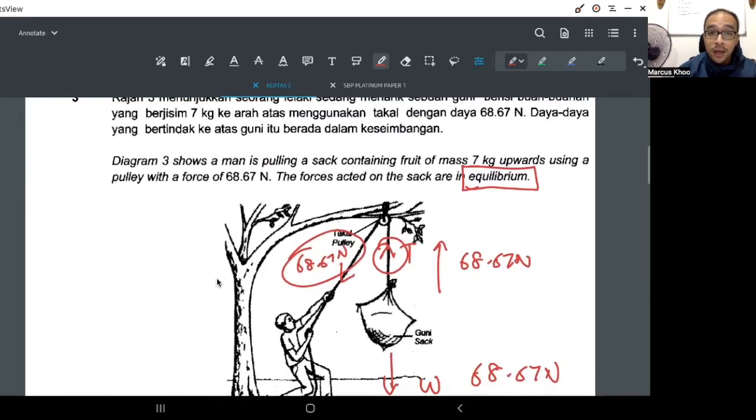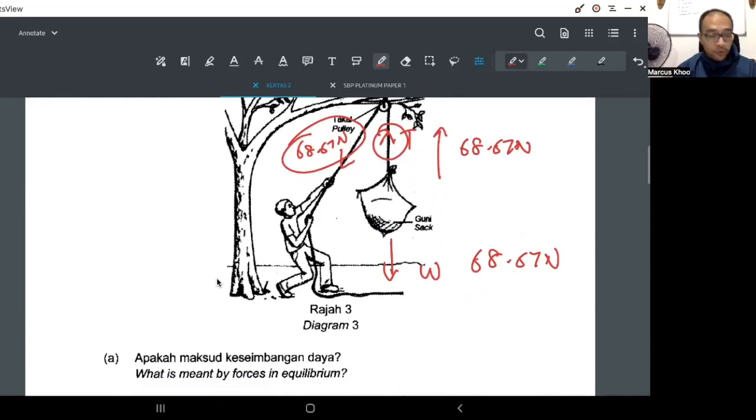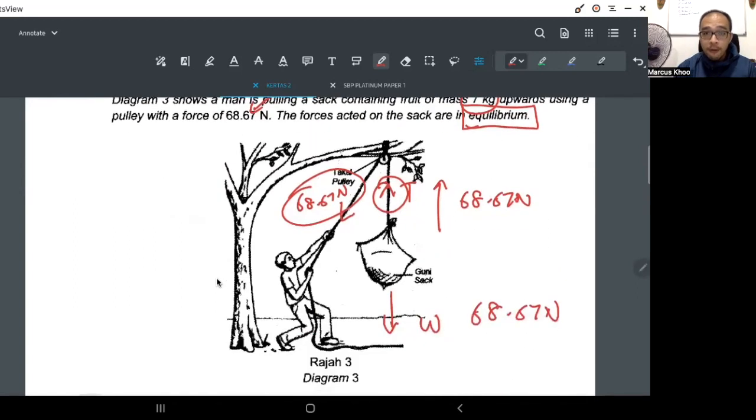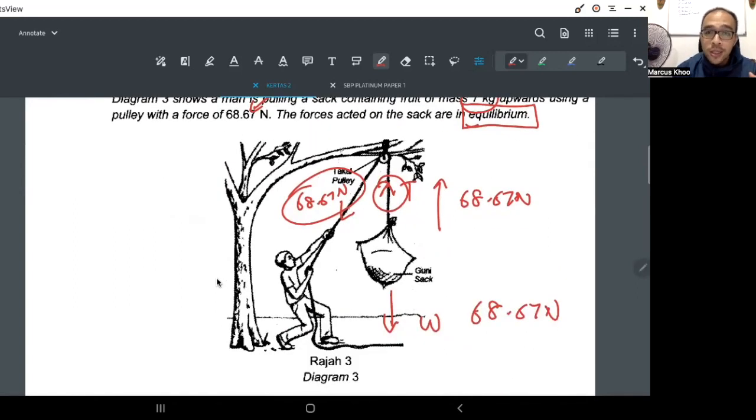And if you don't believe, you can do 7 times 9.81. Because the sack is 7 kg, right? So the weight is 7 times 9.81, which is amazingly equal to 68.67 newtons. So there are many clues in the question that already tell you that the weight is equal to the force.